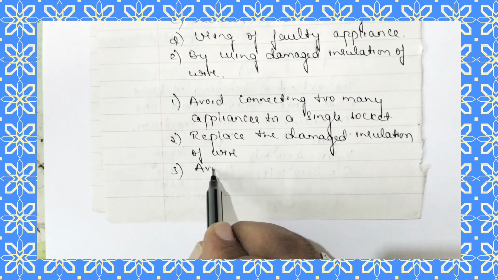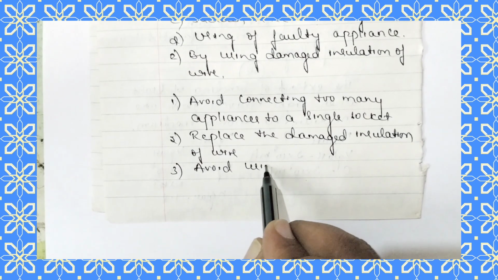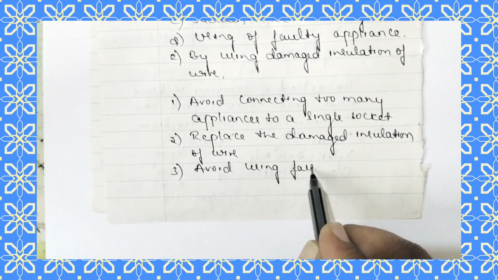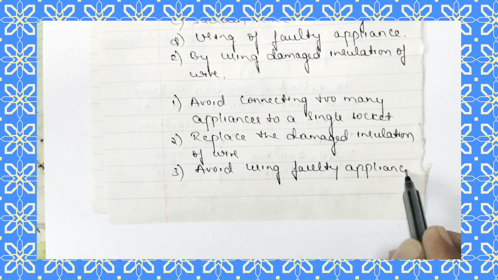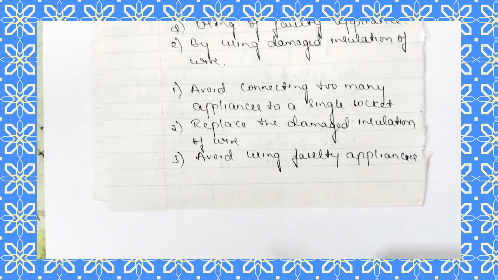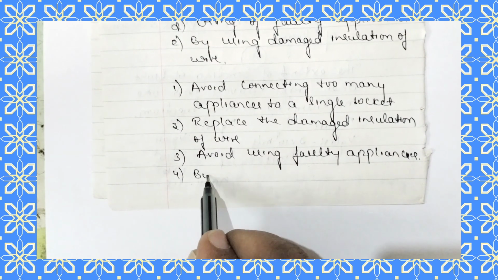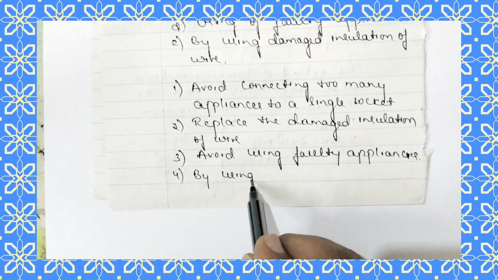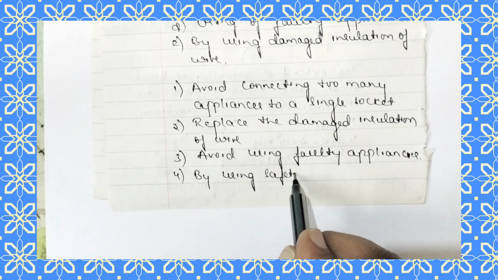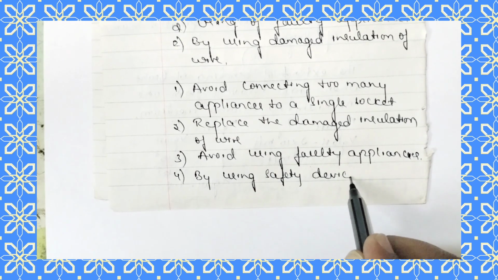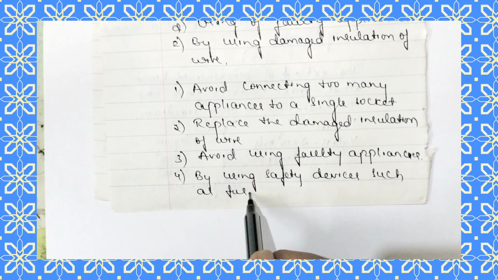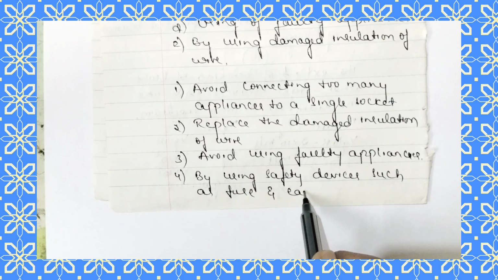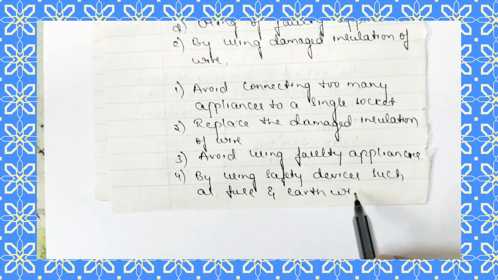Avoid using faulty appliances. Then, use safety devices such as a fuse and earth wire. So these are the ways to avoid overloading.